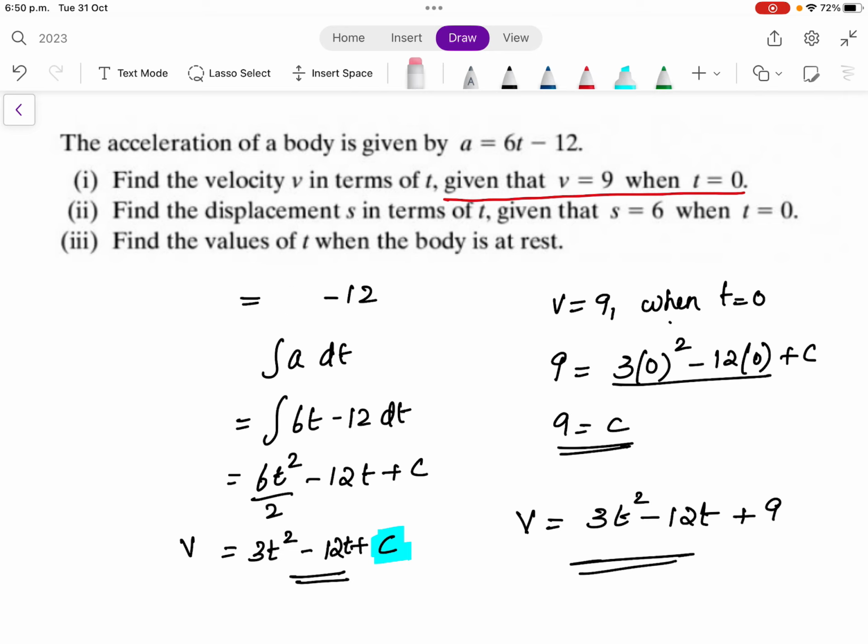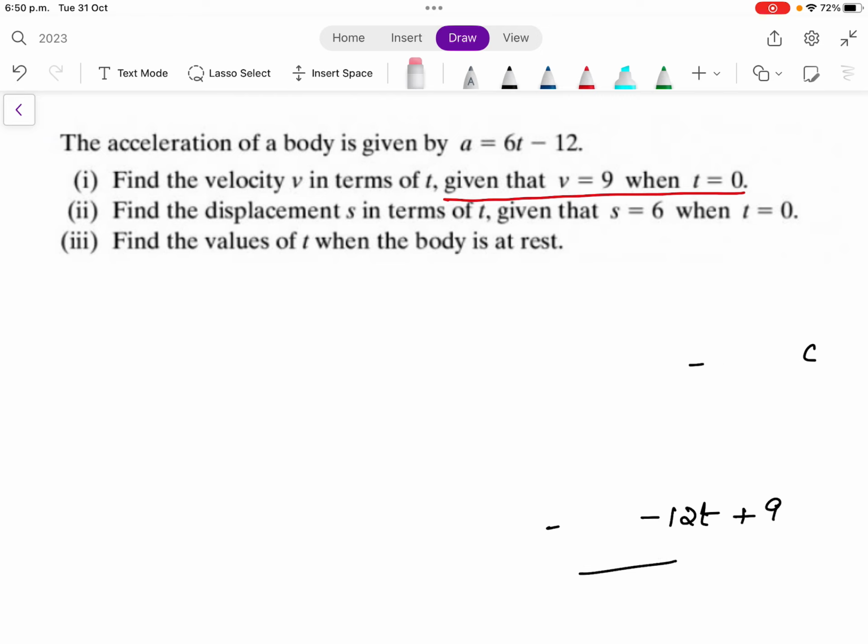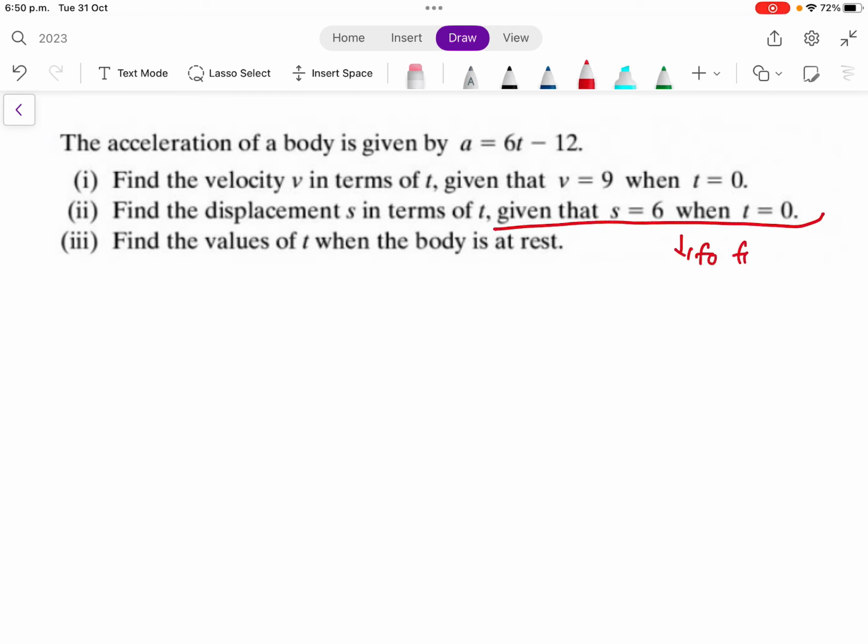Now we need to find the second part of the question, that is to find the displacement s in terms of t, given that s is equal to 6 when t is equal to 0. As in the previous case, always remember that this part is to find c. From the previous section, we have v is equal to 3t square minus 12t plus 9.